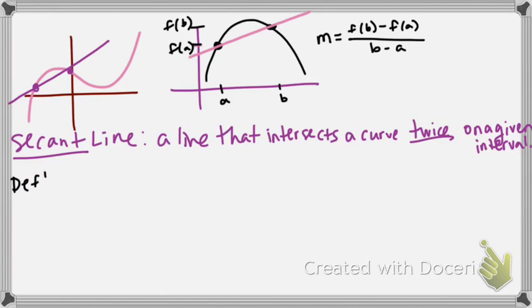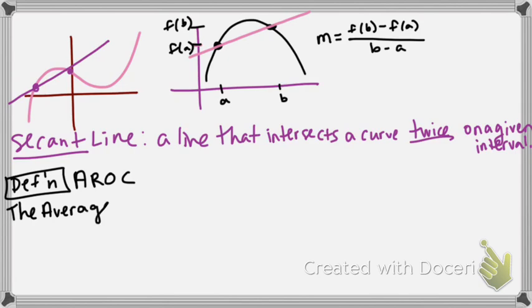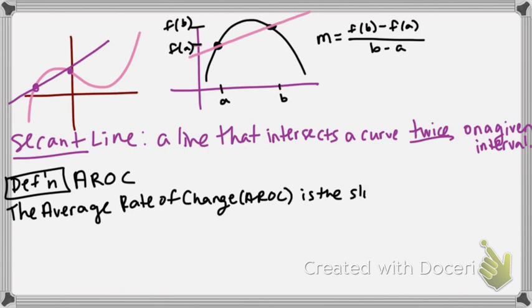So, our first definition: AROC, the average rate of change. This is the only time I'll probably write it out. The average rate of change, or AROC as we're going to call it a lot of times, is the slope of the secant line.